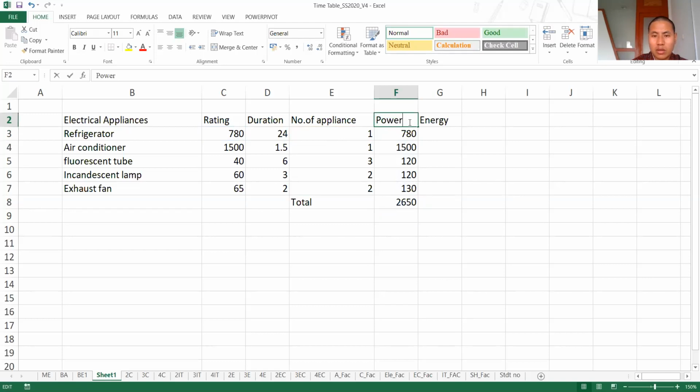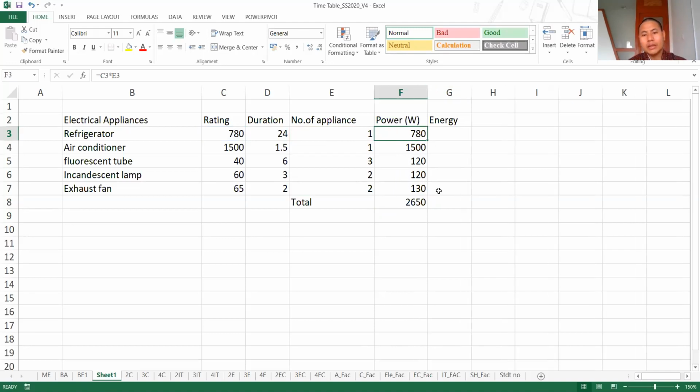Let's write the unit here in watt. The total power, or the total connected load, in that bachelor quarter is 2650 watt, or 2.65 kilowatt.